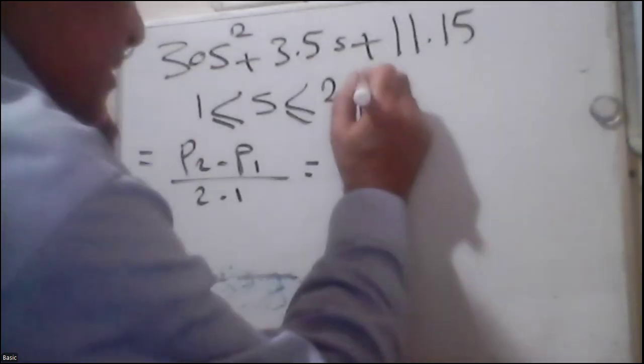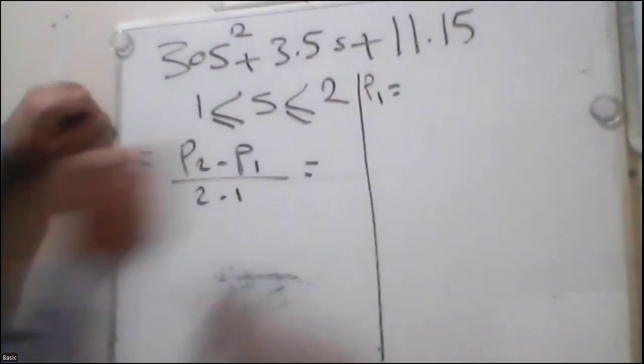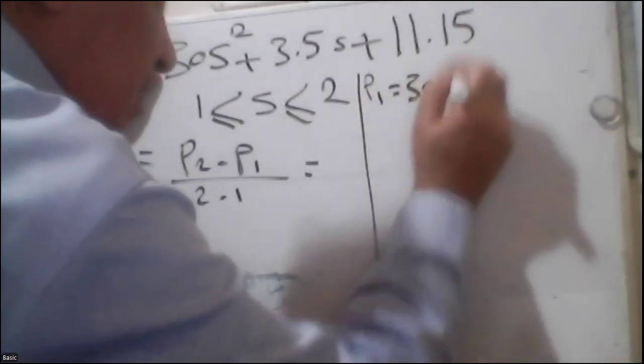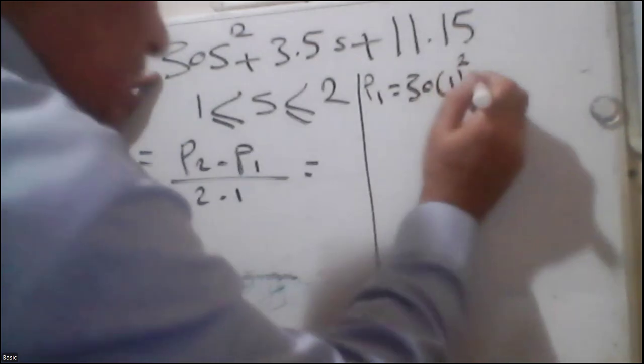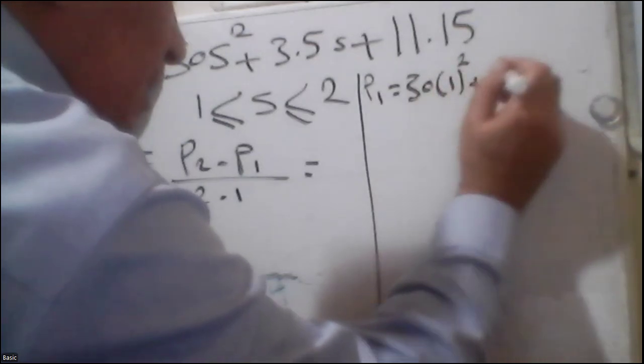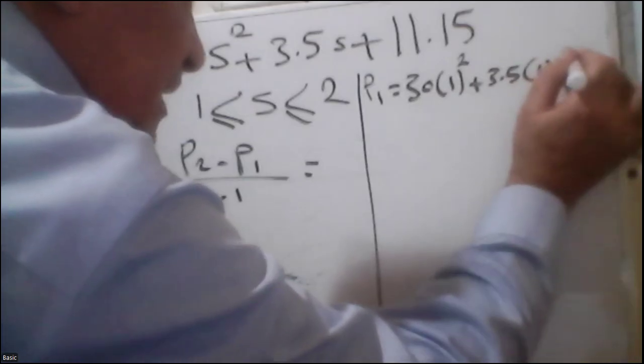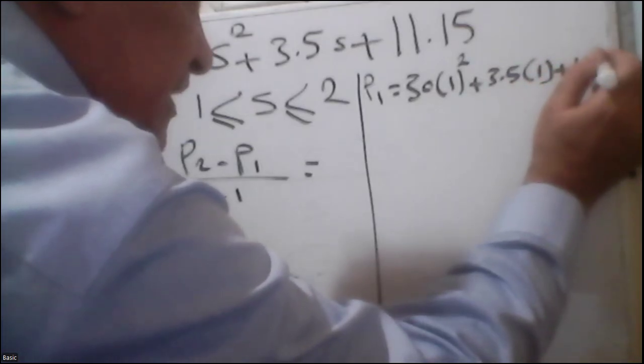So for S is 1, that will equal 30 multiplied by 1 all square plus 3.5 multiplied by 1 plus 11.15.